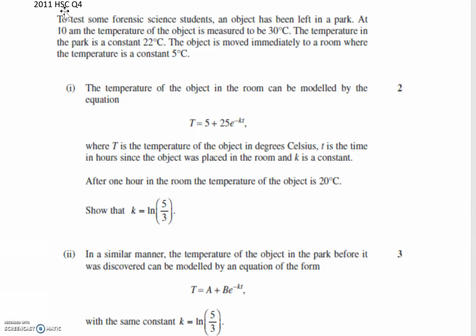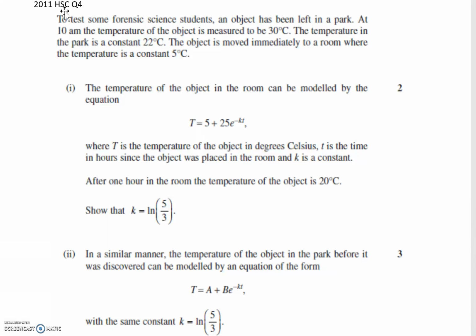Part 1: The temperature of the object in the room can be modelled by the equation. We'd expect this. This is of the format we're familiar with. T is equal to 5 plus 25, yes, that's the difference between the initial temperature, the temperature when the object was moved, e to the minus kt.